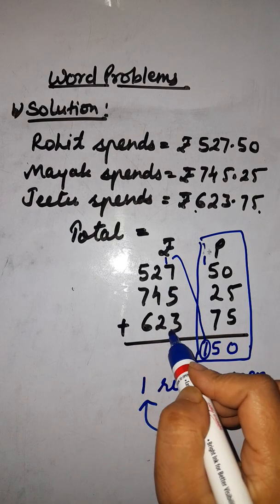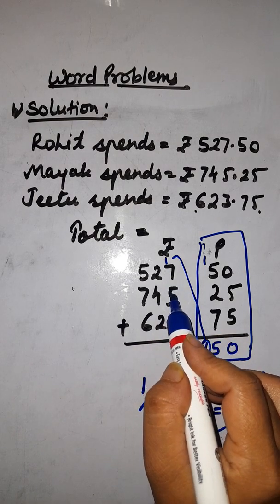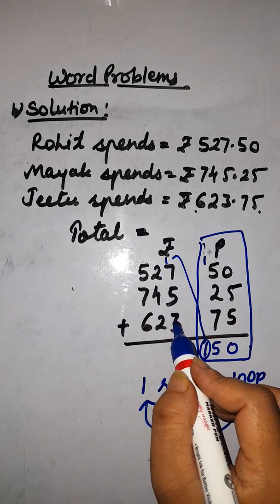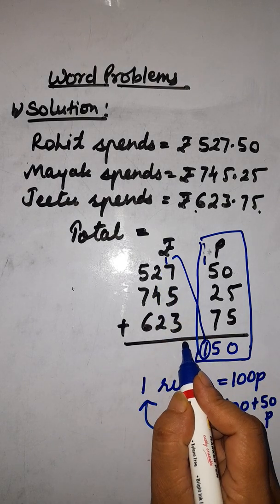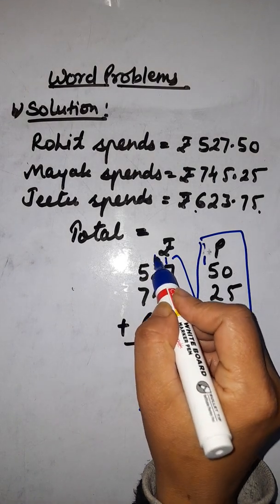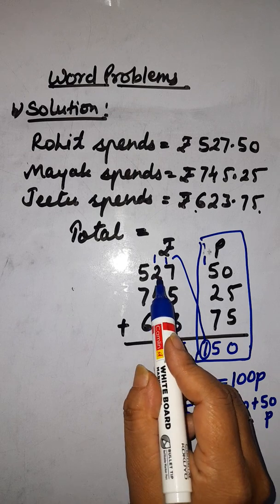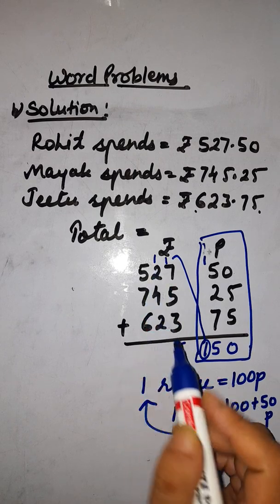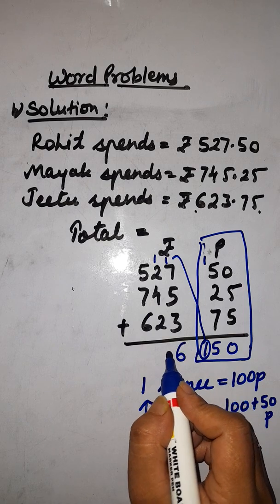Now we'll add 7 plus 5 is 12, 12 plus 1 is 13, 13 plus 3 is 16. So we'll write here 6, and here 1 carry, 4 plus 2 is 6, 6 plus 2 is 8, 8 plus 1 is 9.